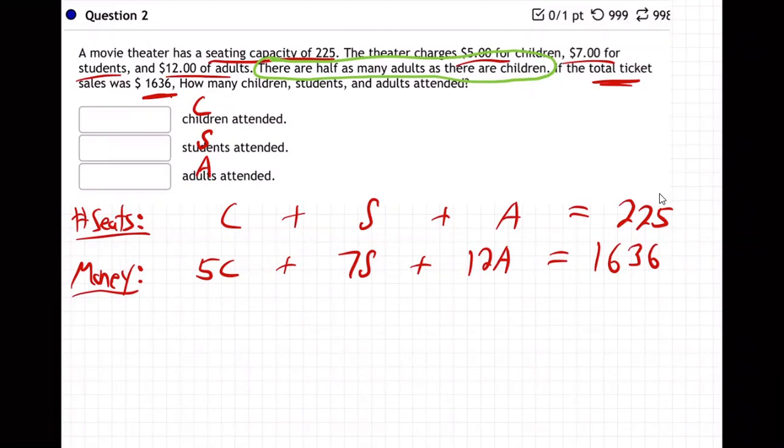That's what we need. That's our third equation. So how do we write that? Do we say half as many adults equals the number of children? Is that right? Isn't that what it says? Half as many adults as there are children.